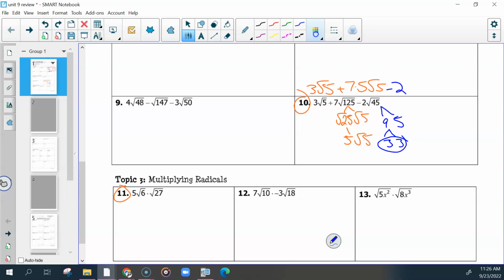We're multiplying it by the pair of 3's. And on the inside, we have 5. So we need to multiply everything and then see if we have like terms that we can simplify. 3 times the square root of 5 plus 35 times the square root of 5 minus 6 times the square root of 5.